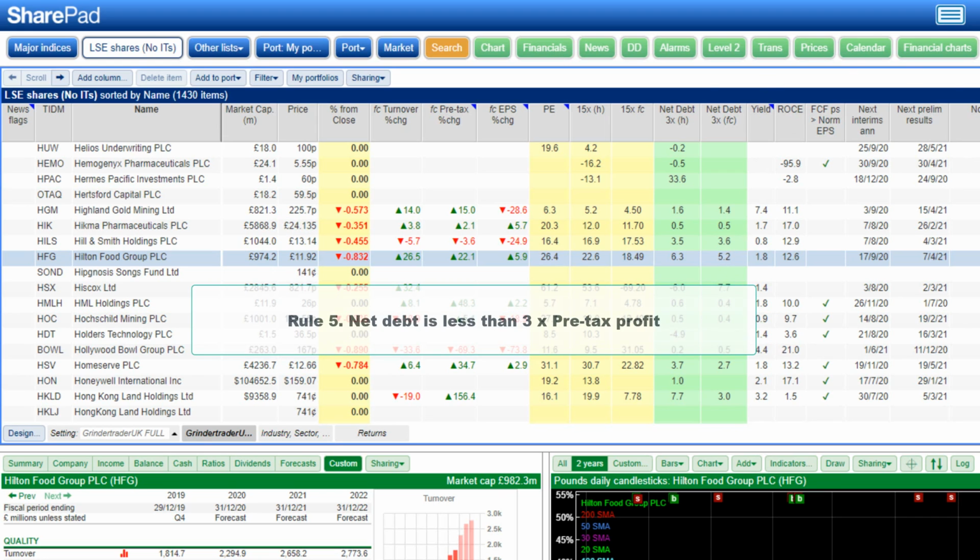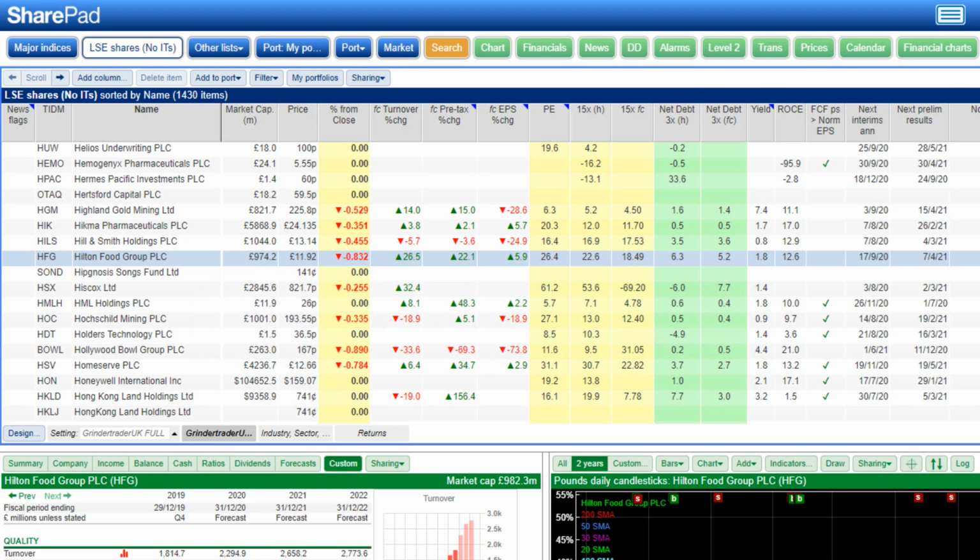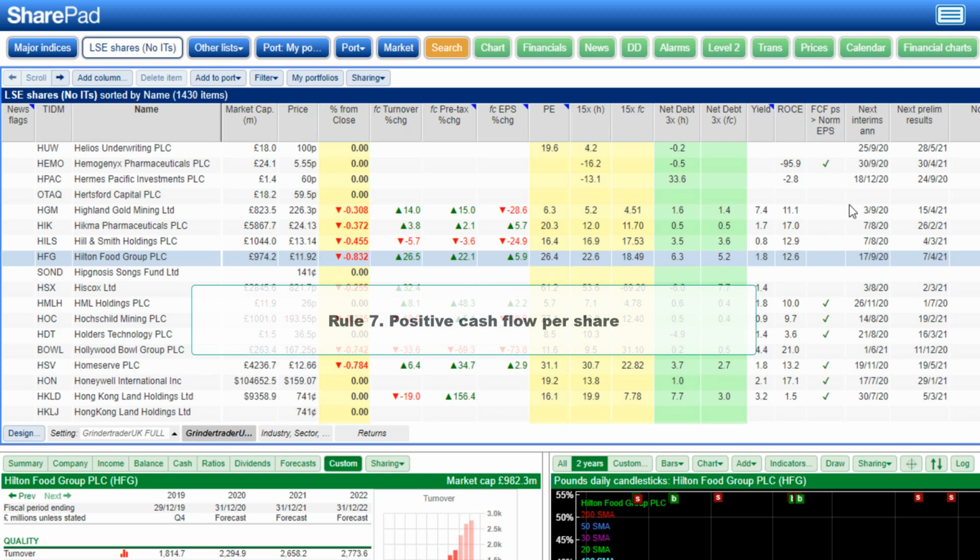Because I've got space here, I've added a few more columns that are not necessarily part of the rules. I want yield, basically, it lets me know if there are dividends going to be paid out. Here's the other one, return on capital employed. I like to see these into double figures, so I've got that there, which is 12.6, which it is. There is the free cash flow per share divided by normal earnings per share.